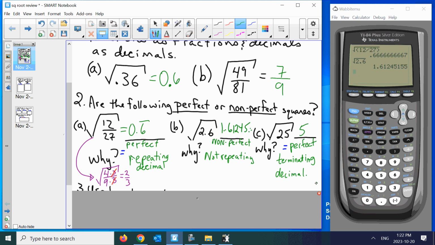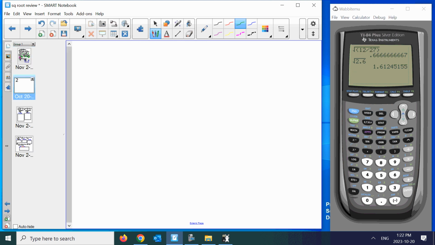I'm going to skip this third one right now. And I'm going to put down a question here. Here's what I'm going to put down. Calculate the number whose square root is.